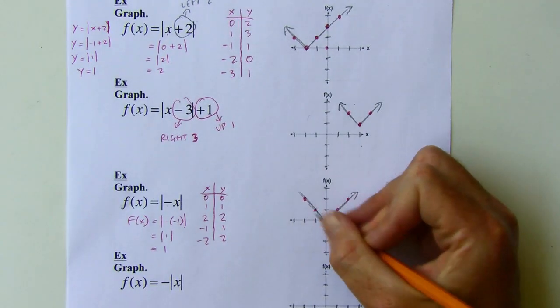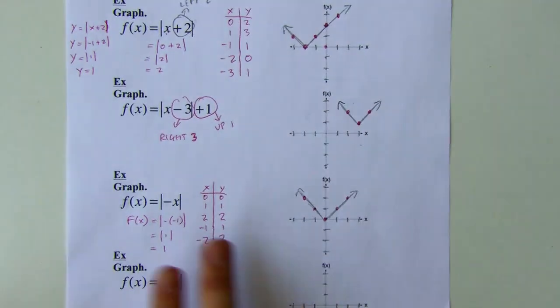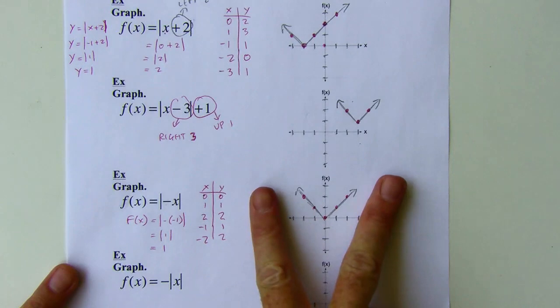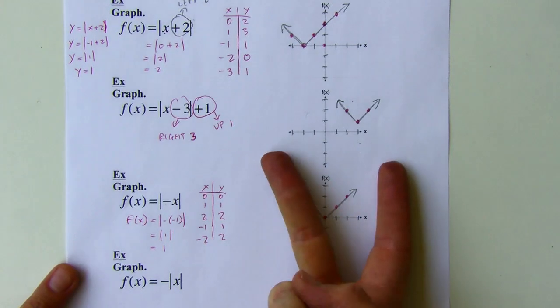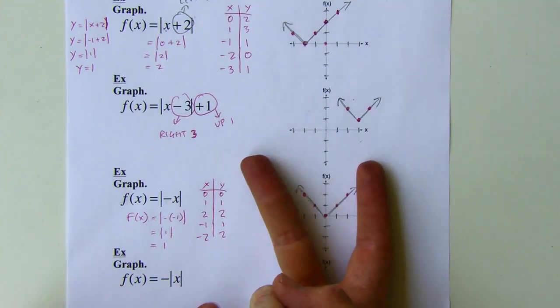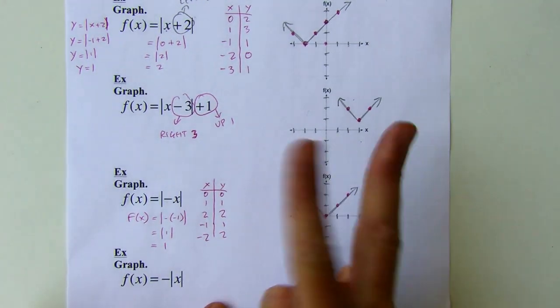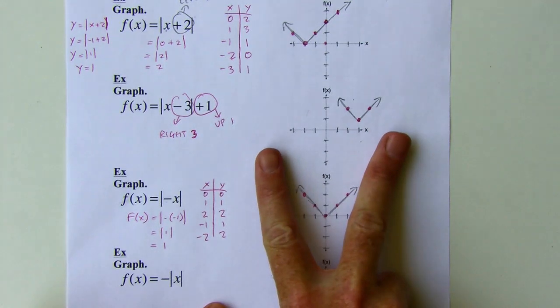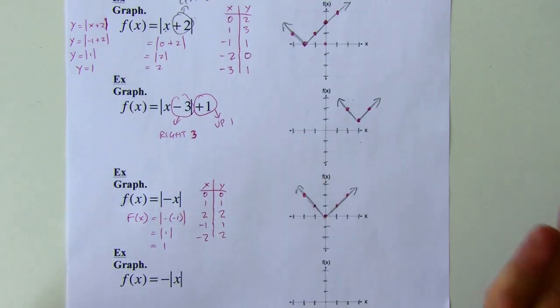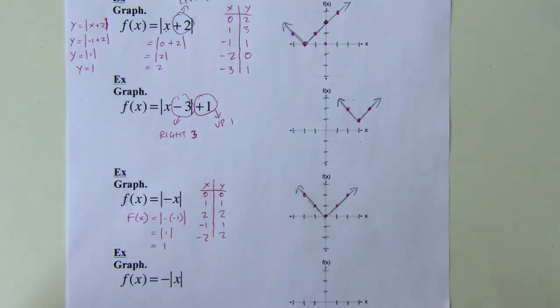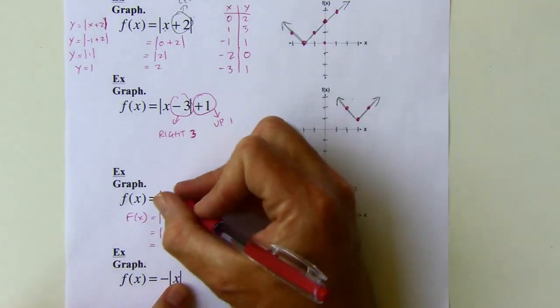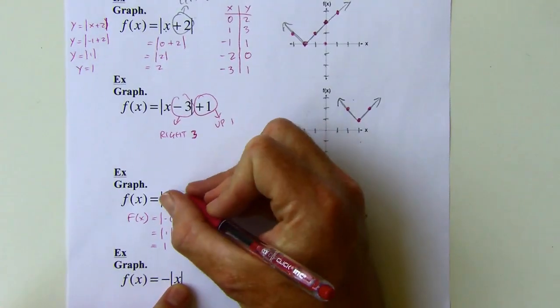Now in reality, this V is going to be flipped from the original. You can't really see that because when I rotate this over the y-axis, it's still just going to look like a V. So it's not going to have any difference right now, but what this is actually going to do is reflect over the y-axis.